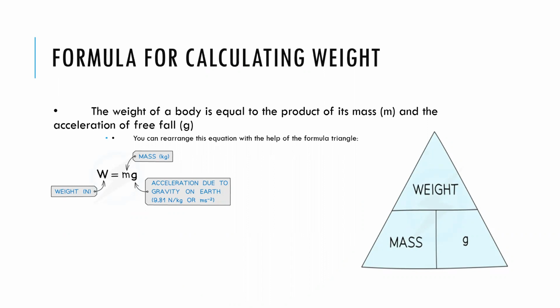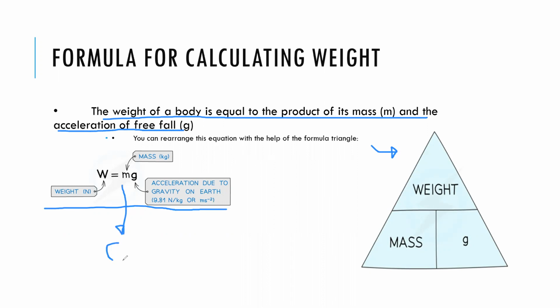Now, the formula for calculating weight: the weight of a body is equal to the product of its mass and the acceleration of free fall. You can rearrange this equation with this formula triangle any which way. But here this is the main thing. We multiply the mass of the object by g, which is acceleration due to gravity, on Earth.